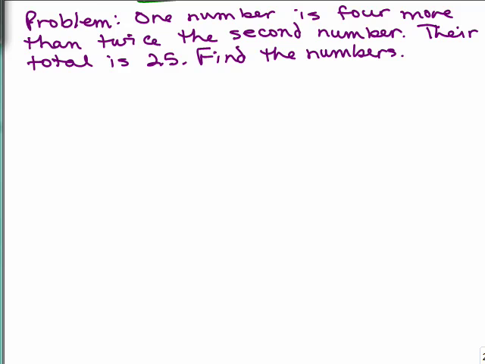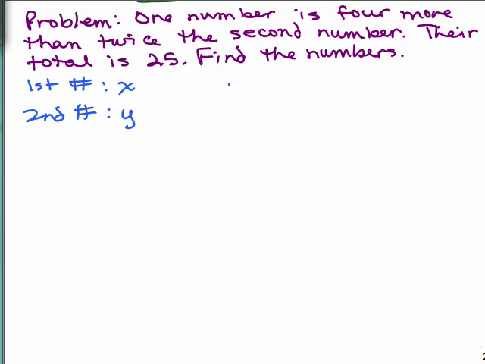Defining the variables is always easy when you're working with two variables. If you're looking for two things, just say first number x, second number y. Okay, one number is 4 more than twice the second number. All right, let's just call the first number the one number.